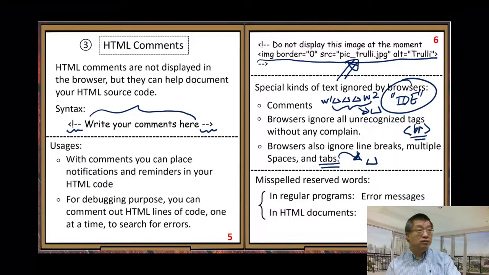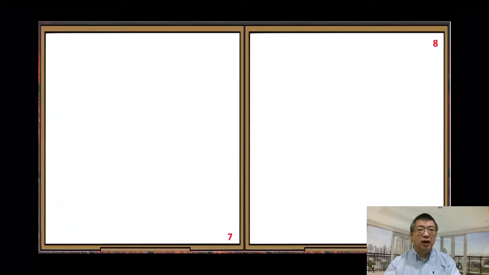So when you compile, run, or interpret, you will get error messages. But for HTML documents, the browser ignores those misspelled words. It cannot recognize them, but it does not complain. No complaint. All right. Next.